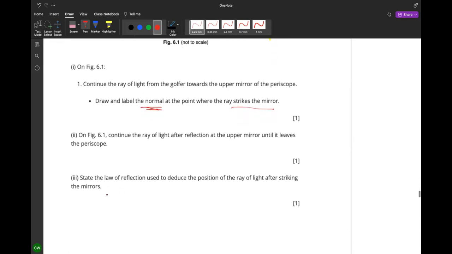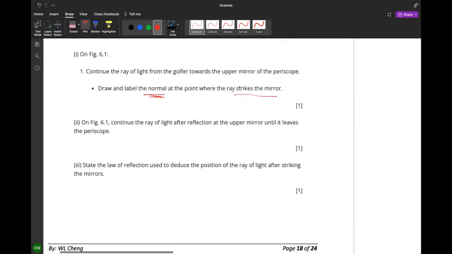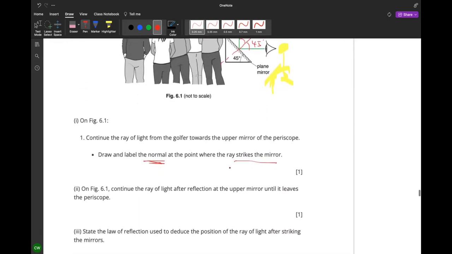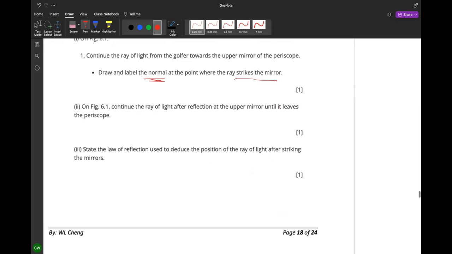Okay, state the law of reflection. What is the law of reflection? What can we say about these two angles? For the law of reflection, I must be equal to R. That means the angle of incidence must be equal to the angle of reflection. Can you write it down? This is the law of reflection.